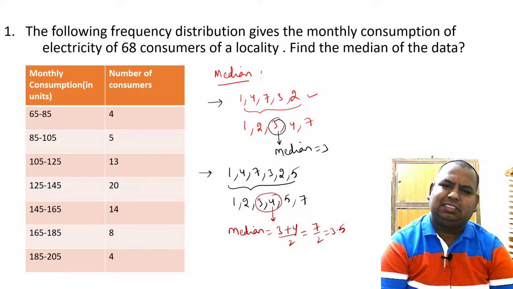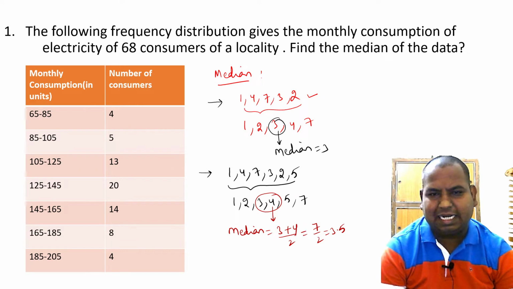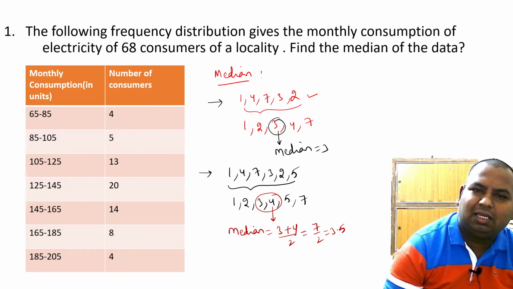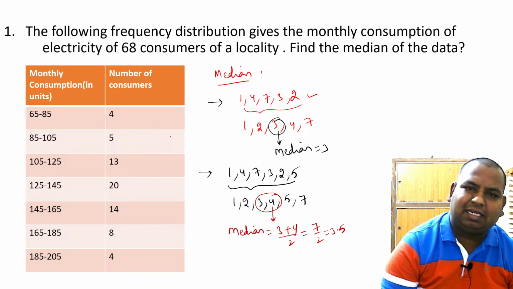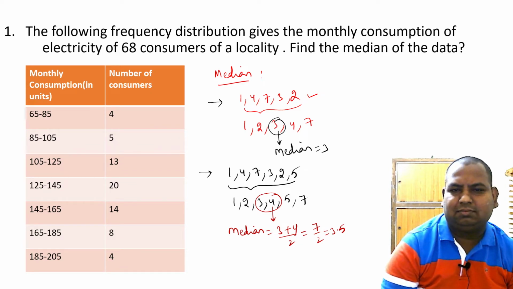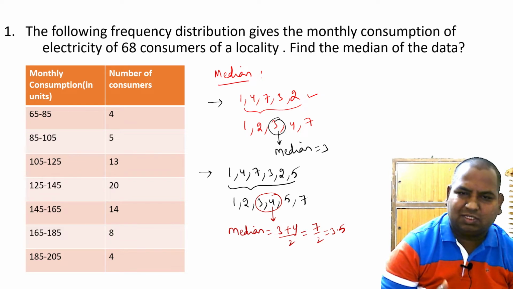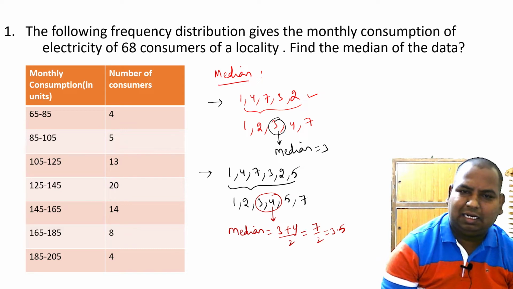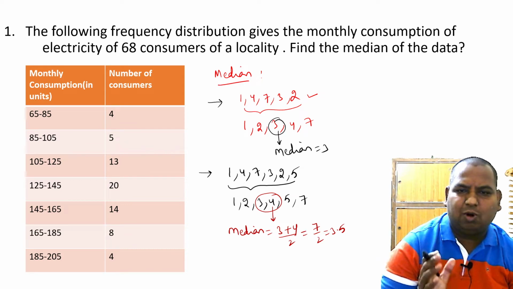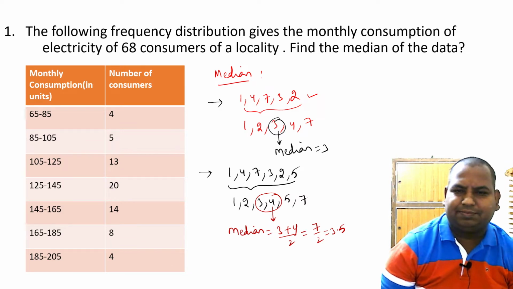I think you have learned this in your 9th class. But in 10th class we'll learn to find the median for grouped data. Grouped data involves class intervals and frequency.